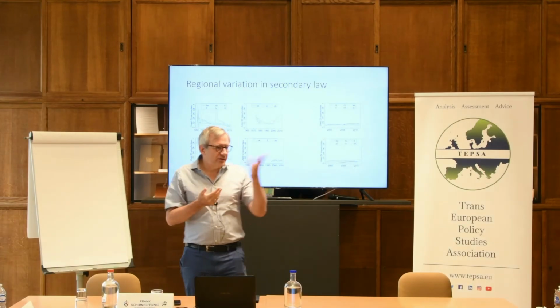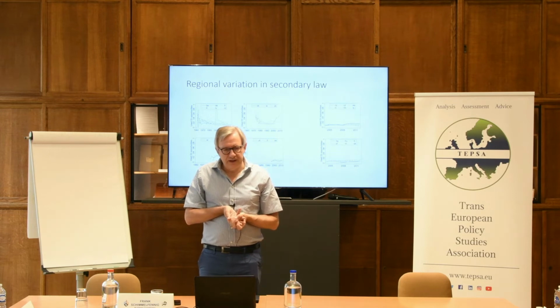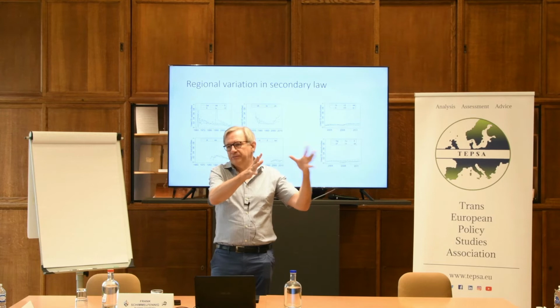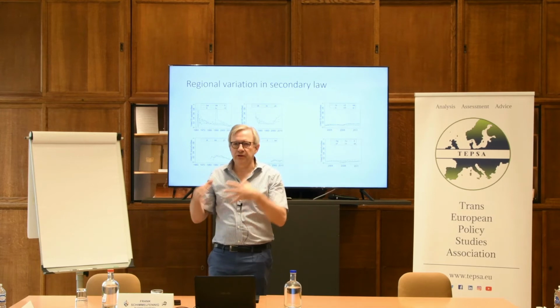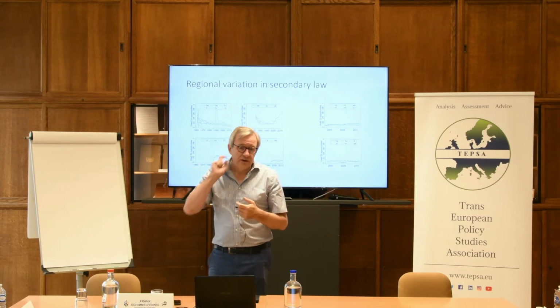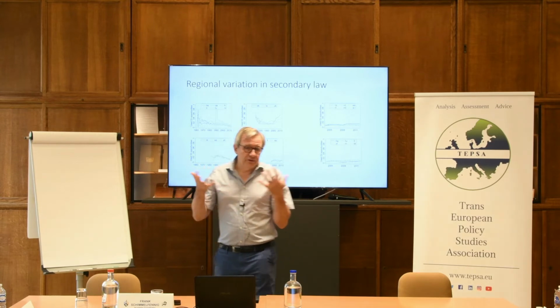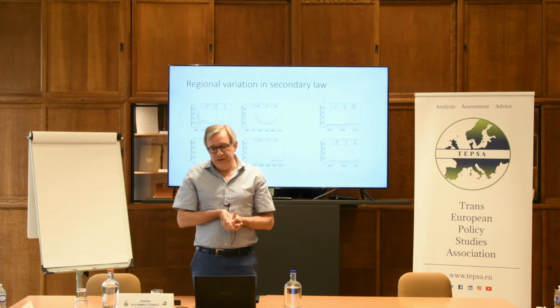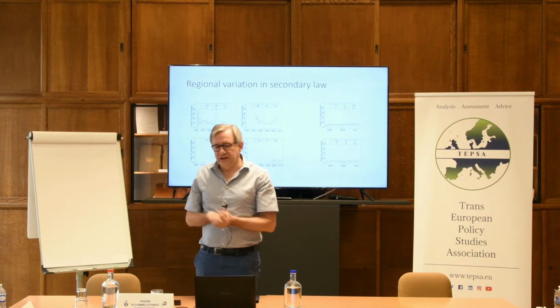What this also shows, and this comes back to what we've discussed before, is that we see some kind of trickle-down process from primary law differentiation into secondary law differentiation, because of course the legislation of the European Union follows the treaties, and if you have a differentiation in the treaties, that will also show in the secondary legislation.